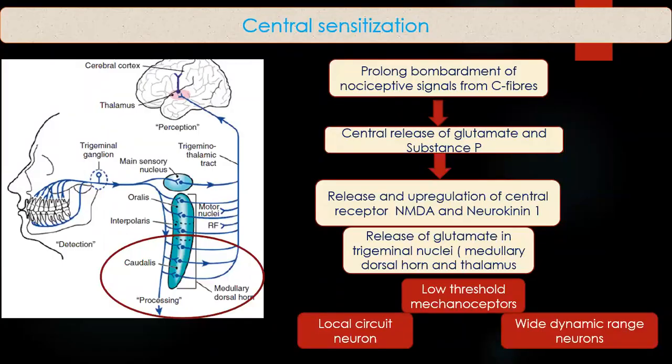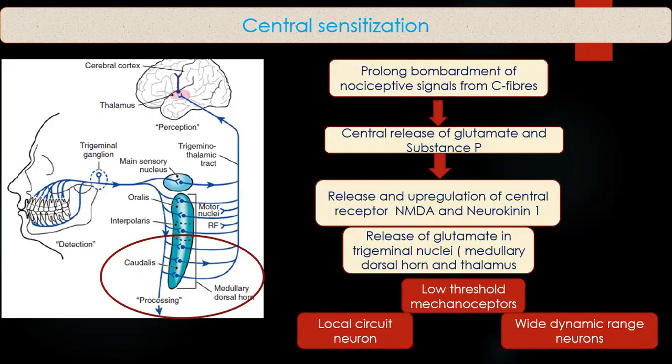Now what happens is there is a prolonged bombardment of nociceptive signals. The irritation is going on to the C fibers. So what will C fibers do? They will go and report to the thalamus and the medullary dorsal horn in the spinal cord, which is the caudal portion. It will release glutamate and substance P there.